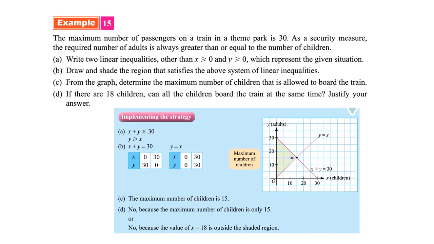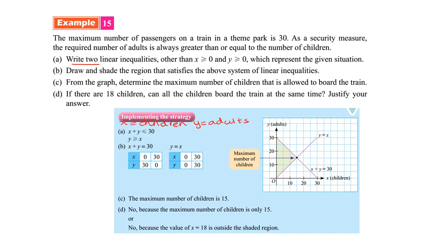A. Write two linear inequalities other than x greater than or equal to 0 and y greater than or equal to 0, which represent the given situations. First, let us use letter x to represent the number of children and the letter y to represent the number of adults.